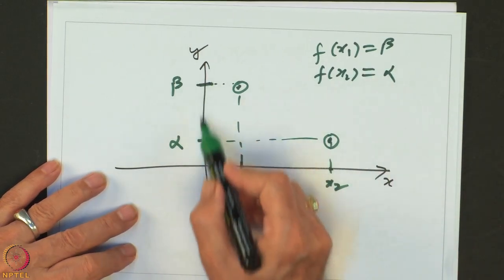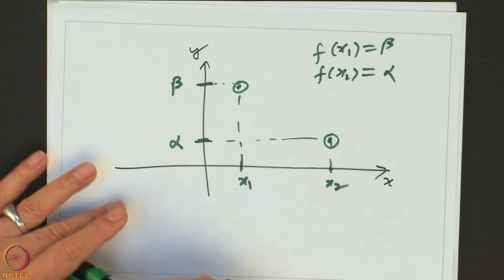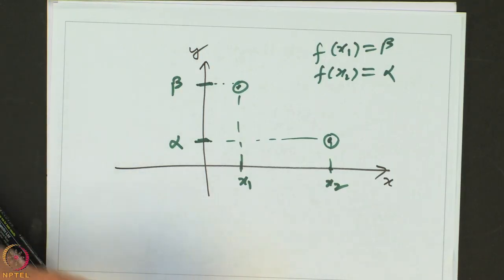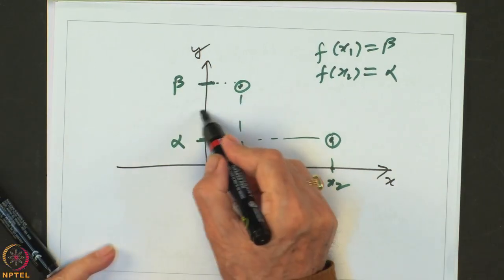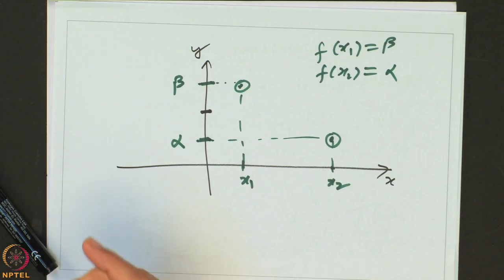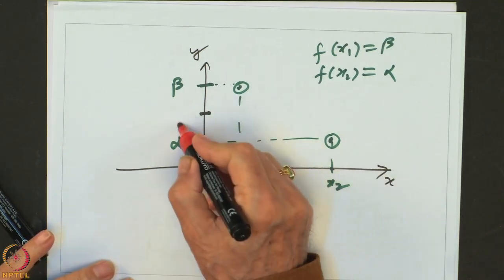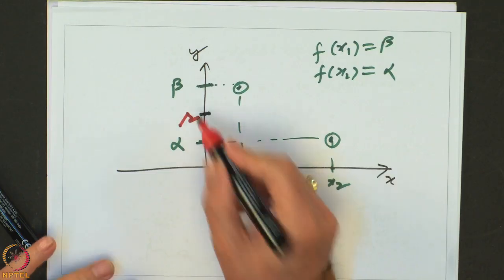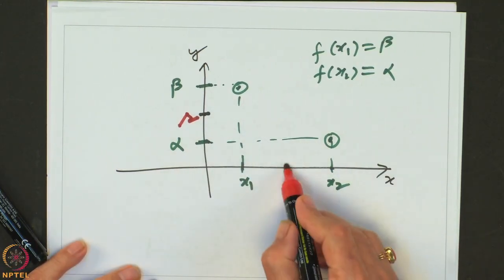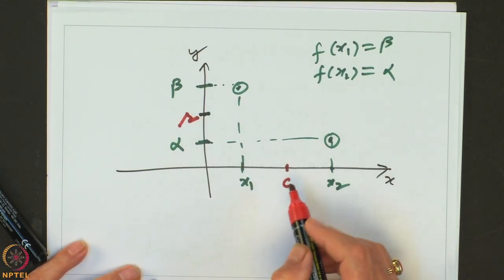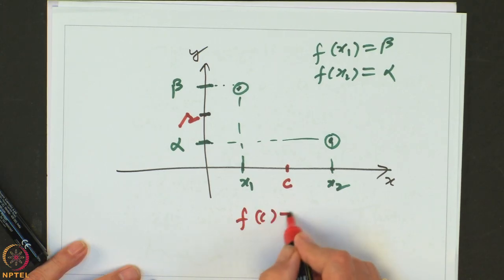So, these two values are taken by the function, and the theorem says that if I take any point in between, let us call this point r, where r is any point in between, then there is a point c such that f of c is equal to r.